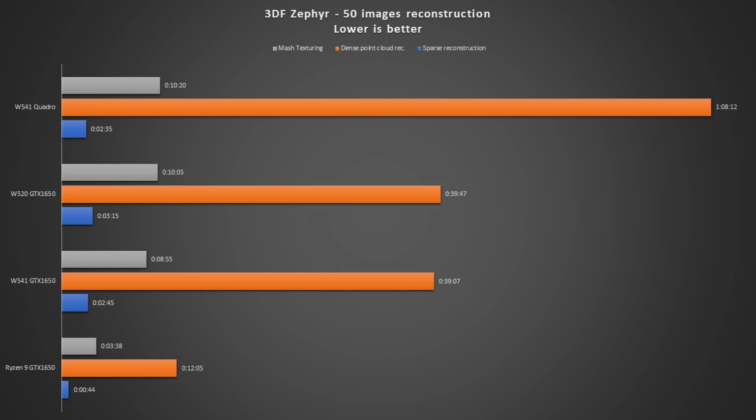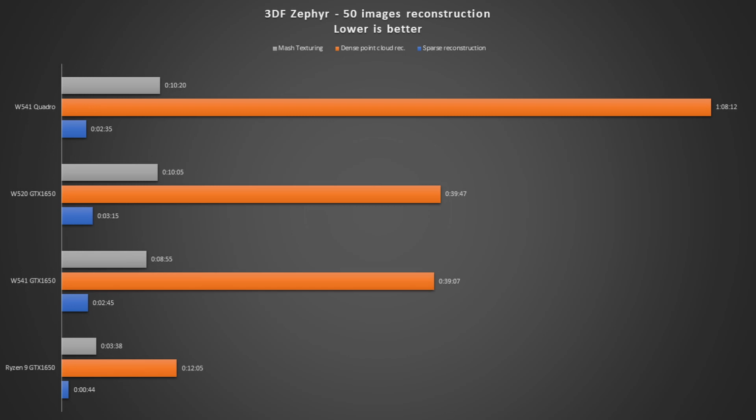The next computational test is rendering with 3DF Zephyr, which is a 3D reconstruction software for generating 3D models from photo images. I split the test into different parts. The gray one is mesh texturing, the orange one is the dense point cloud reconstruction, and the blue one is the sparse reconstruction.